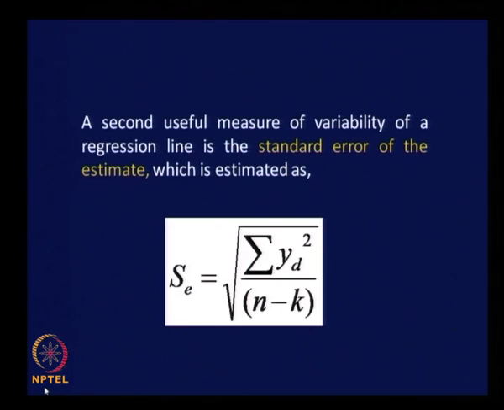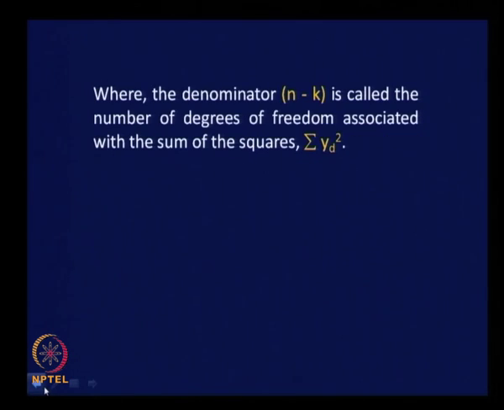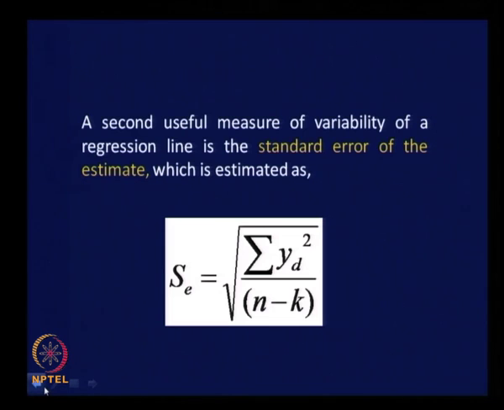You please go through the relevant books and try to understand. SE here is square root of sigma yd squared divided by n minus k, standard error of estimate, where the denominator of the equation for SE is n minus k.